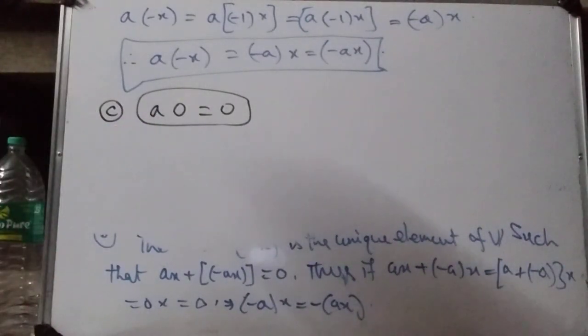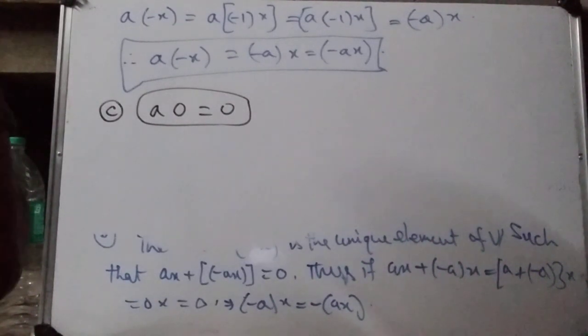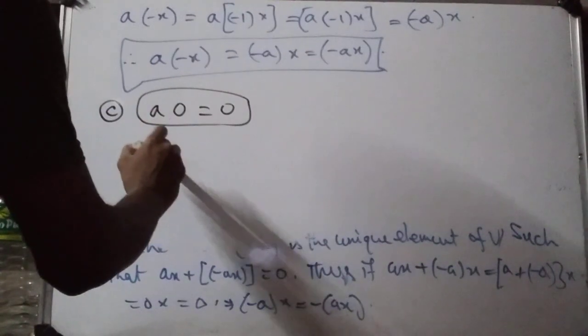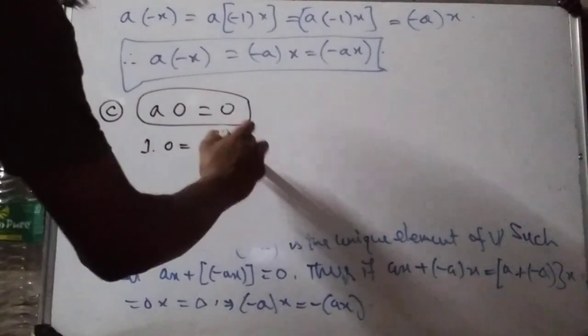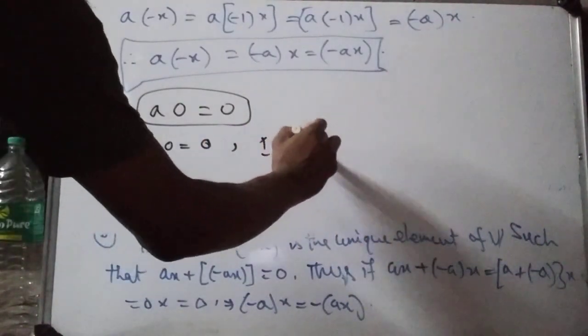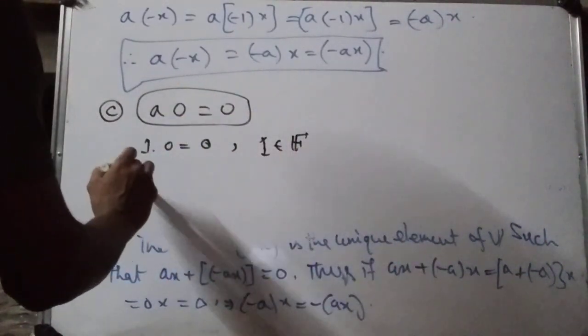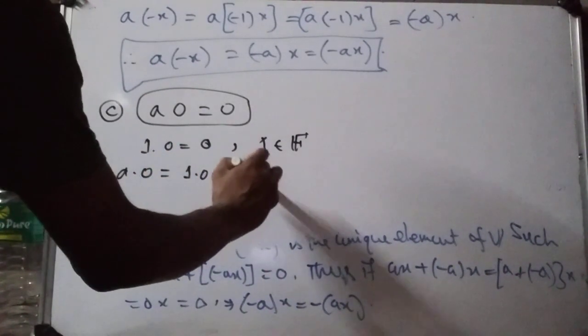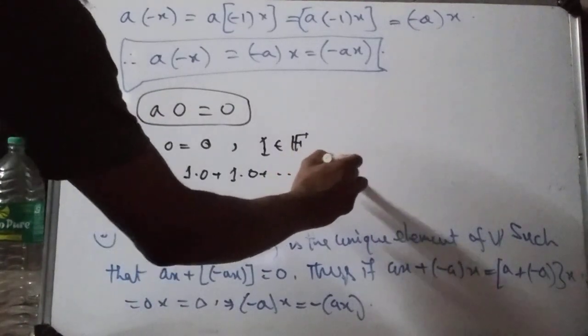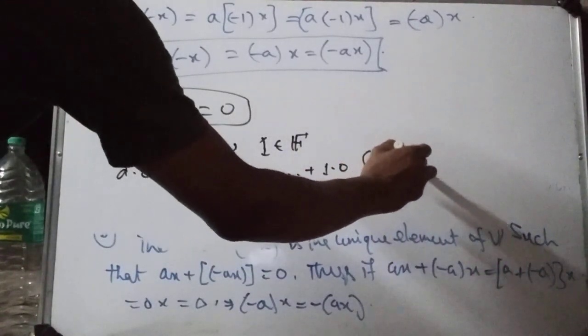We know that 1 multiplied by 0 equals 0, since 1 is the multiplication identity. In this way, a multiplied by 0 equals 1 multiplied by 0 added a times, 1 times 0 plus dot dot dot plus 1 times 0, a times. Understood?